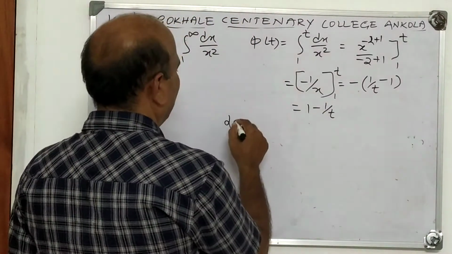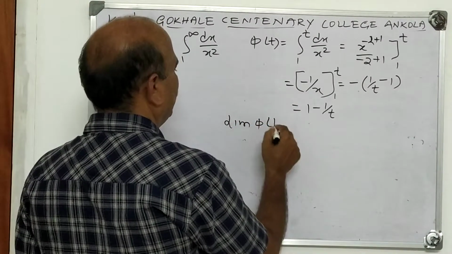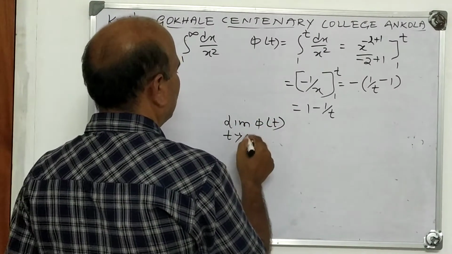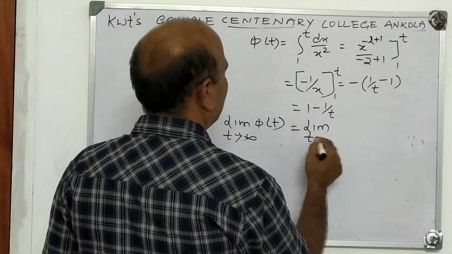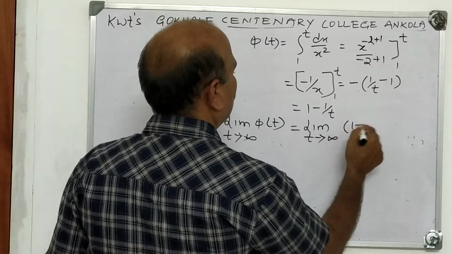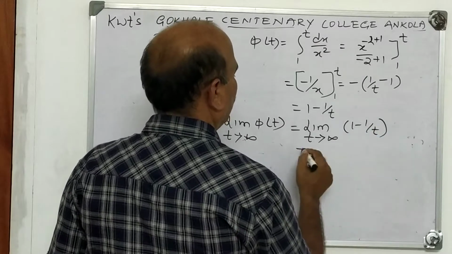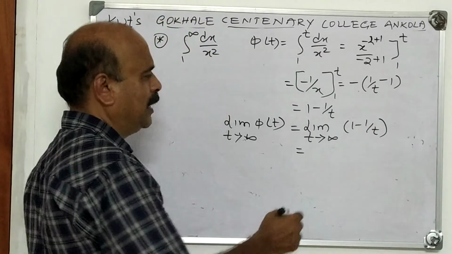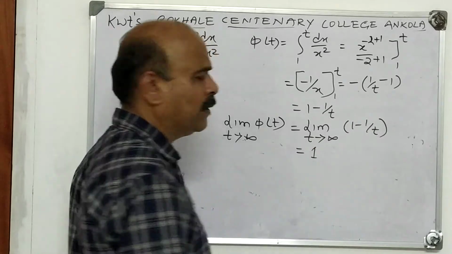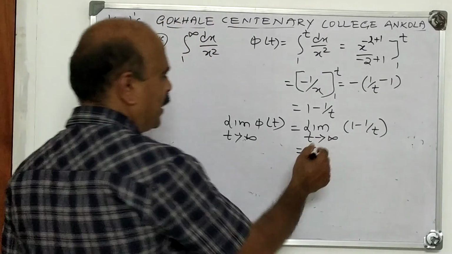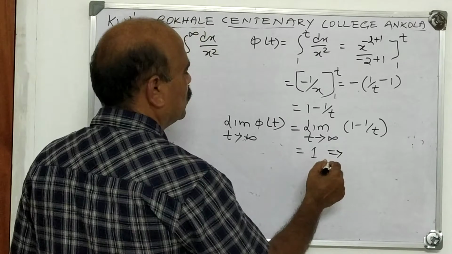Now take the limit. Consider the limit of φ(t) as t tends to infinity. It is the limit as t tends to infinity of 1 minus 1 upon t. As you know, as t tends to infinity, 1 upon t becomes 0, it is 1, which is finite. So what is the conclusion?